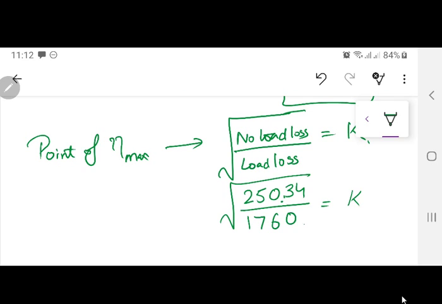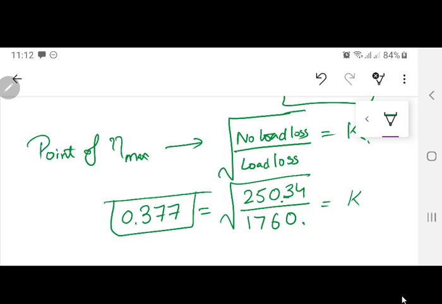Please calculate this K factor. 250.34 and 1760 in the denominator, take the square root. 0.377.